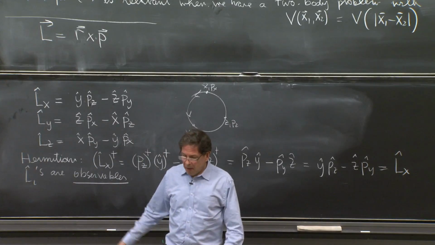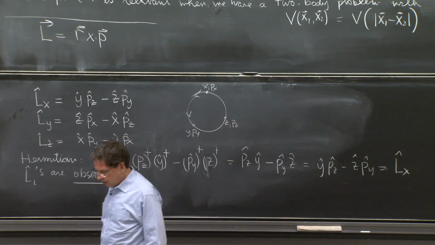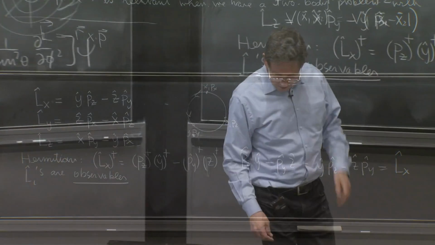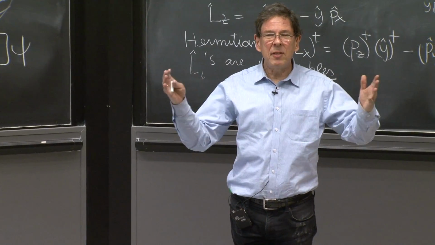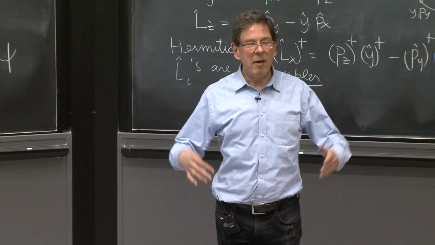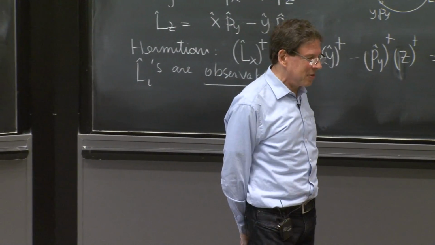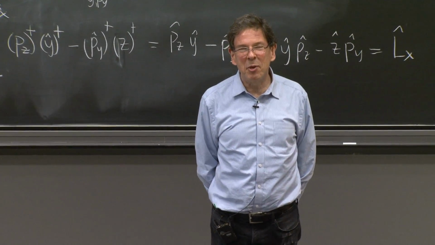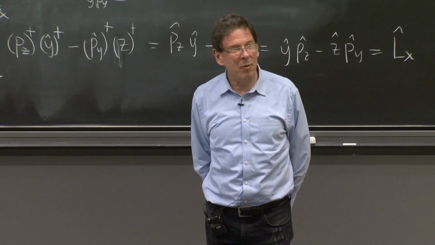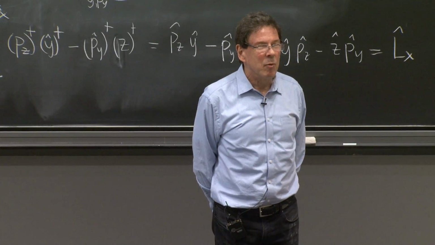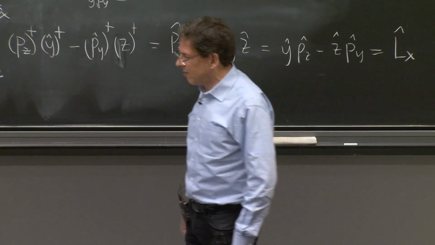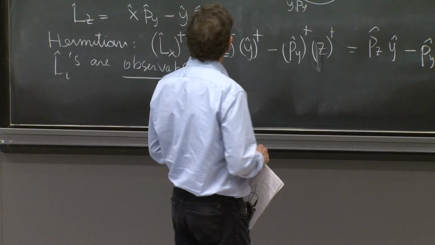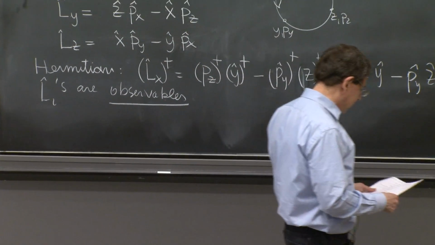But there are funny properties with these operators. They're not all that simple in some ways. So next, we have these operators. Whenever you have quantum operators, the thing you do next is compute their commutators, just like we did with x and p. We want to know what is the commutator of these L operators.